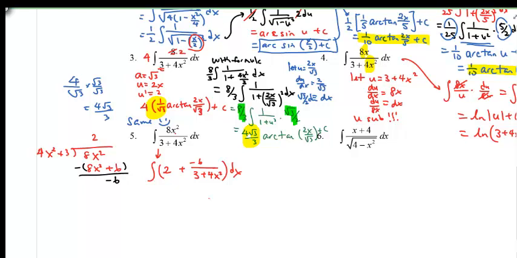And now, to do this, I will ask you to split up the integral. And notice that second integral now has a denominator of 3 plus 4x squared, but a numerator of 6. This is very similar to example number 3.